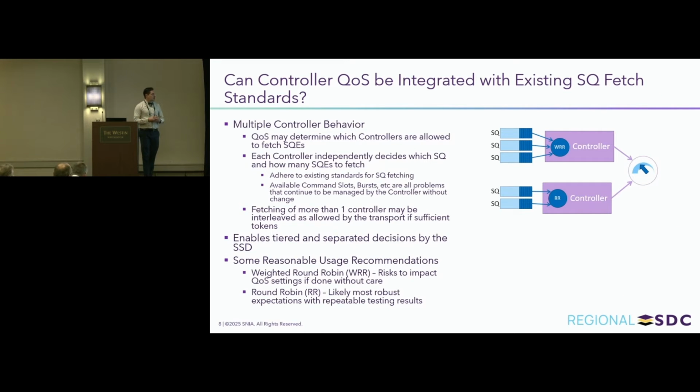I think that something's come up in a lot of conversations I've been involved in. We have in NVMe already standardized round robin, weighted round robin, submission queue fetching, and how does that make sense with QoS? And to me, of course, we have more development to go, but it looks like they can be very orthogonal developments.